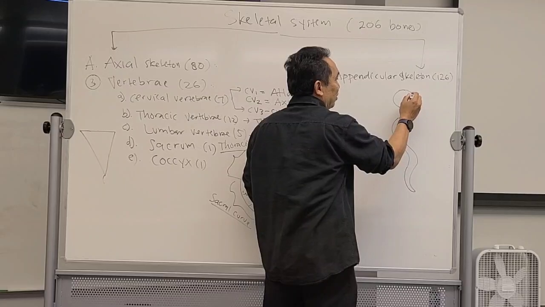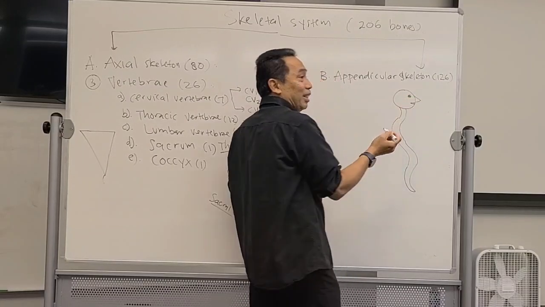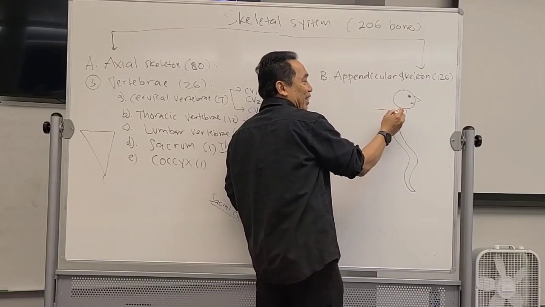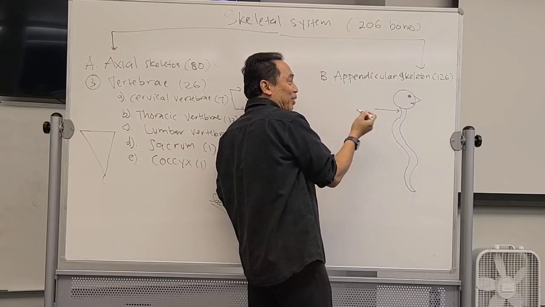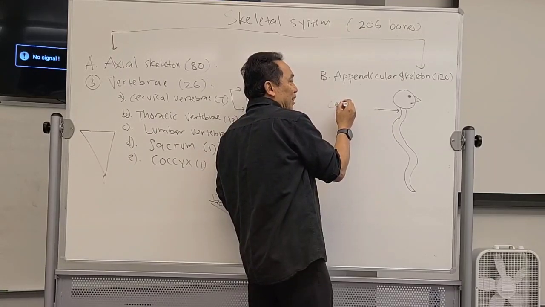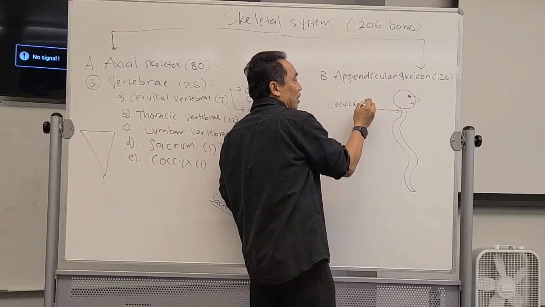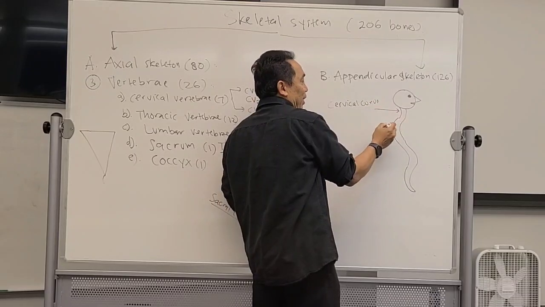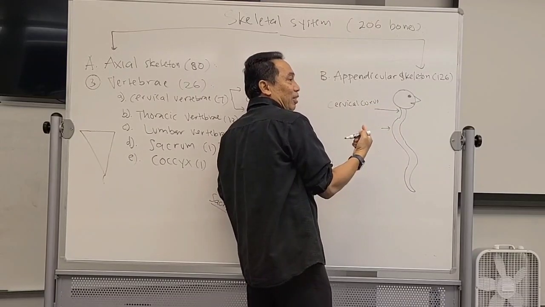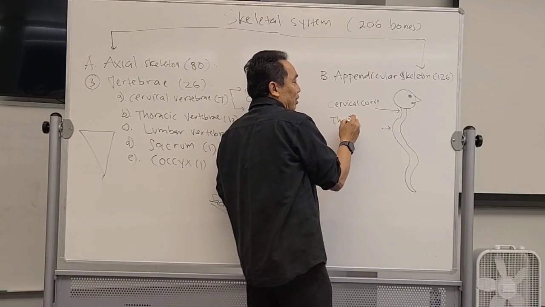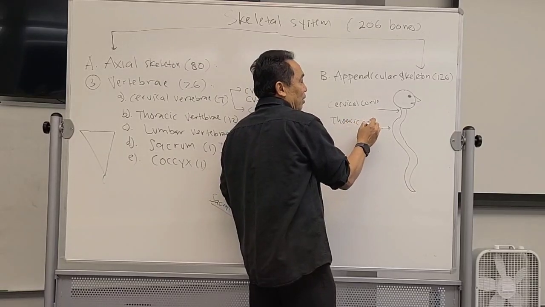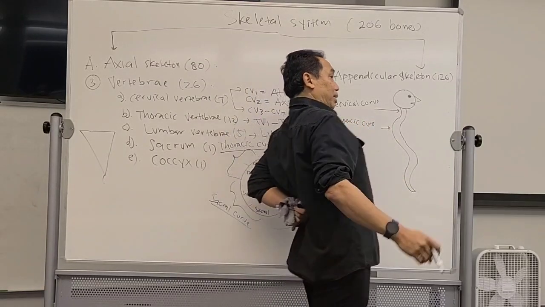Let's say this is going this way. Like that. So you have this one, the neck. What do you call it? Cervical curve. Then you have this on the thorax. It's called thoracic curve, right?